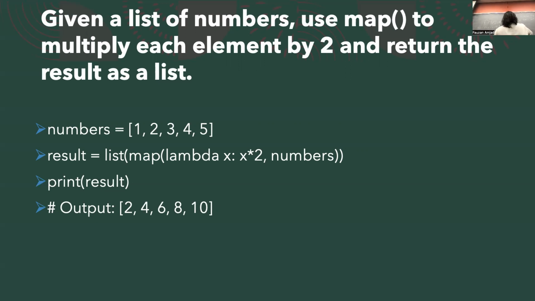So result is equal to list map double and then numbers. So think of this as equivalent to that, okay? But more closely, notice how it's double and length.